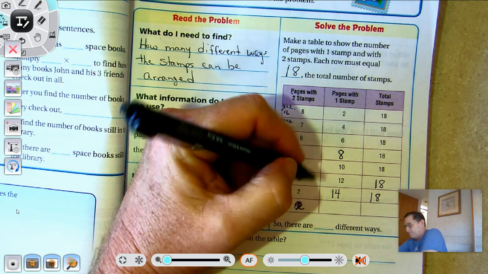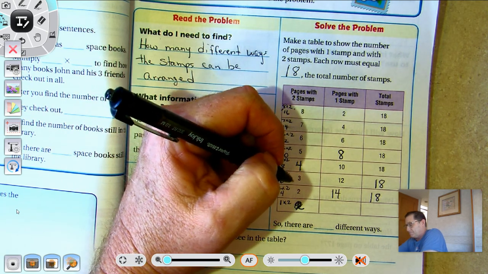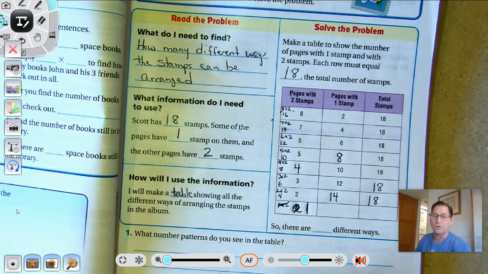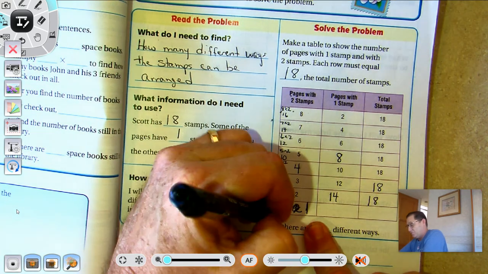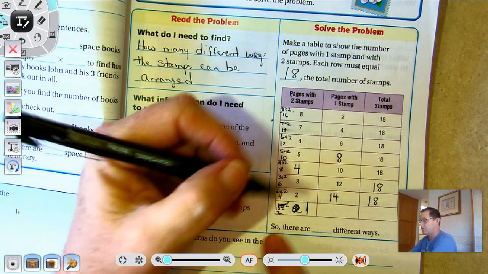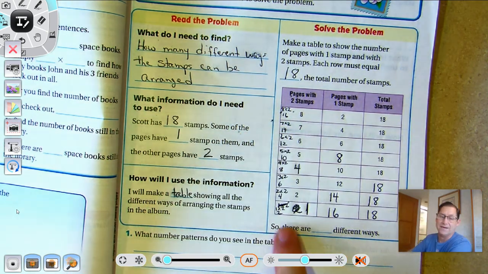Whoops, sorry. I wrote that wrong. If we have one page of 2, 1 times 2 is 2. He'd have 2 stamps, and he'd have 16 pages with one stamp.